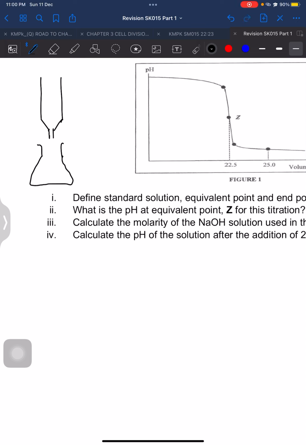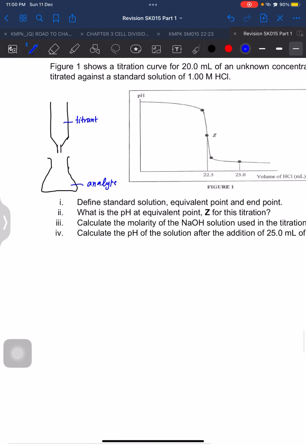So we have the titrant and also we have the analyte. And basically, for our analyte, we will know the concentration and also the volume, right? So that is the analyte. That is the key for you to identify which one is the analyte and which one is the titrant.